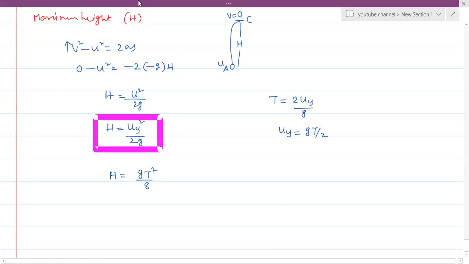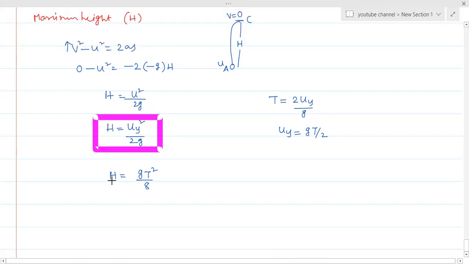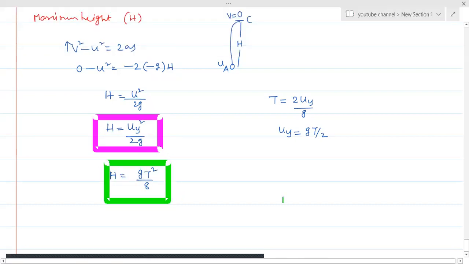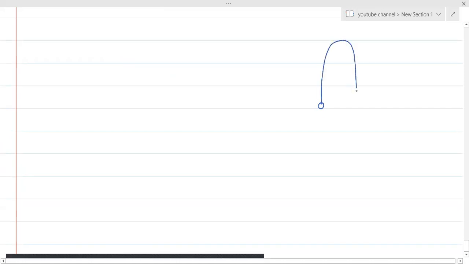This is very, very important. The maximum height h equals gt square by 8. So this is about the story of the vertical projected body. But here we need to understand the most important logics, which are very helpful in problem solving.